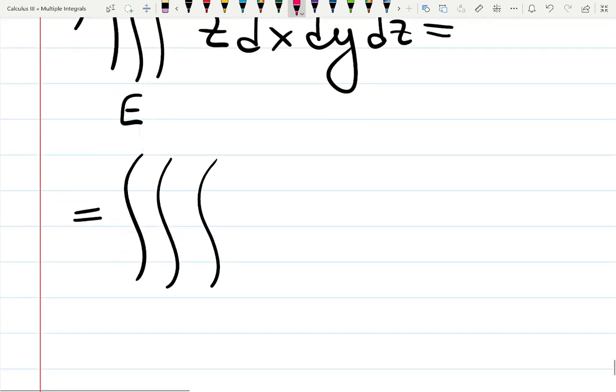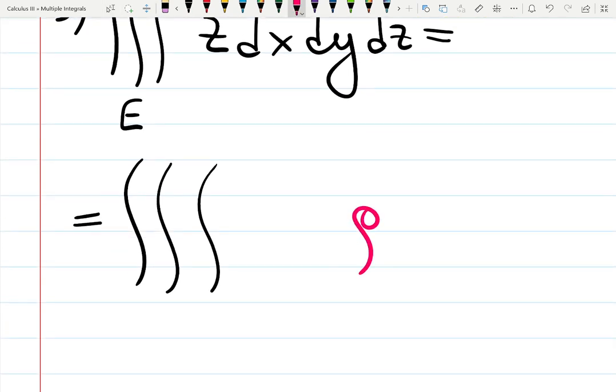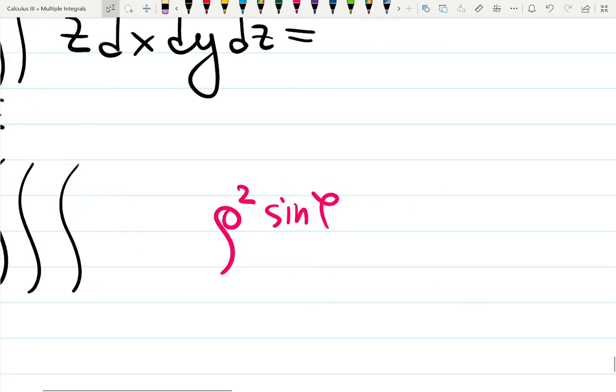So remember the formula. Rho squared sine phi. There are only 2 angles here, so remember it goes phi. And since theta was never mentioned, theta usually goes to the very end, but in this case it didn't. Doesn't matter, here you can switch the order. I usually put theta at the end.